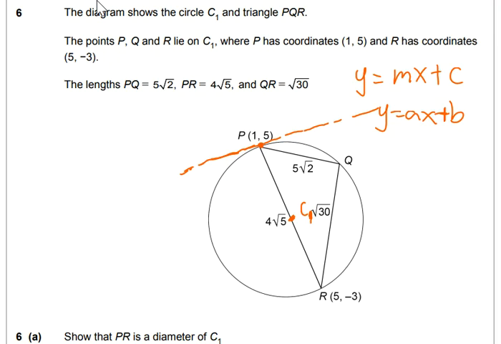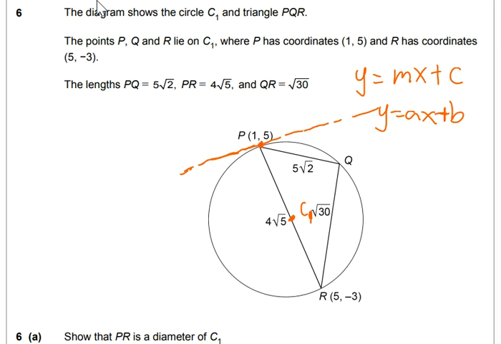For this equation, we already know that this tangent passes through the point P, (1, 5). If only I knew the slope, the gradient of this line, it would be the best. How do we know it?